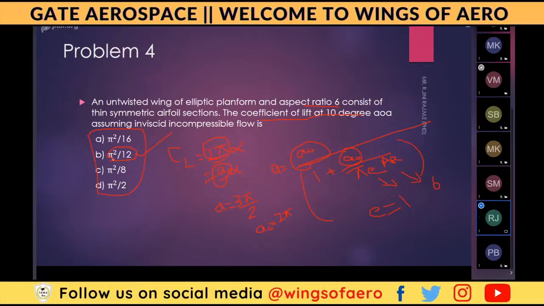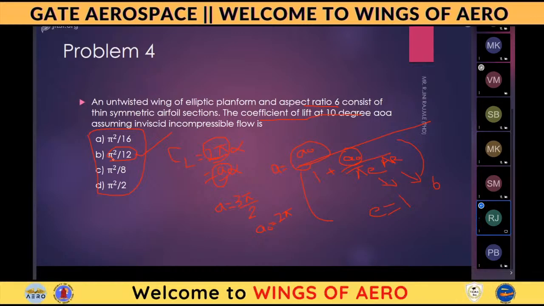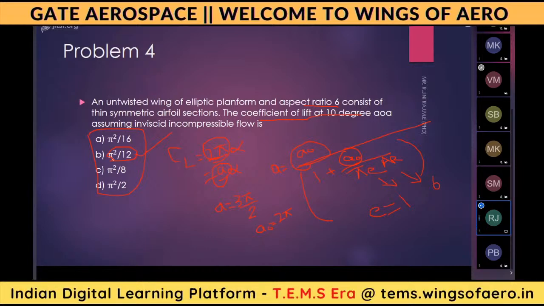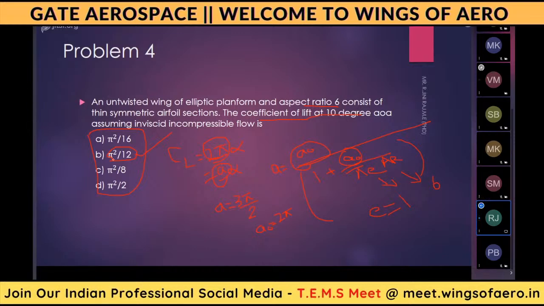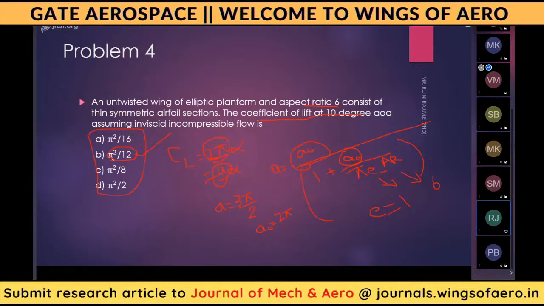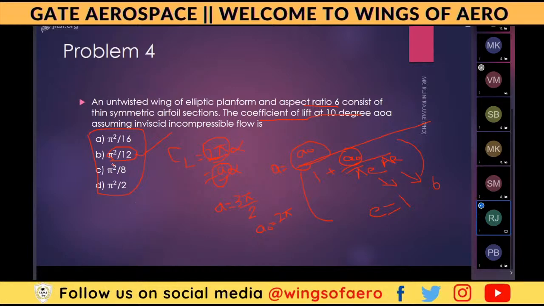You should answer negative, and it should be between -1 and -3. Even if you solve the problems, it should be in that range only. The limit should be up to -3. It should not go beyond that. Okay, fine. So here the answer is pi square by 12.